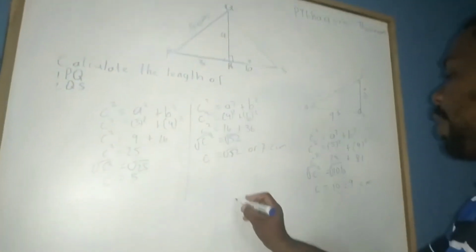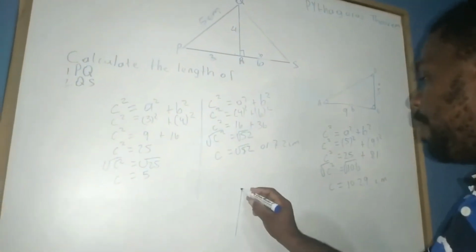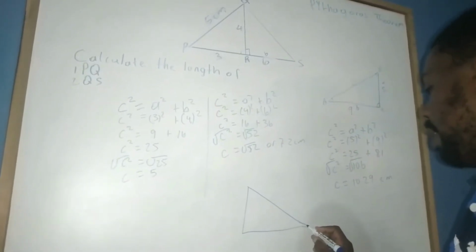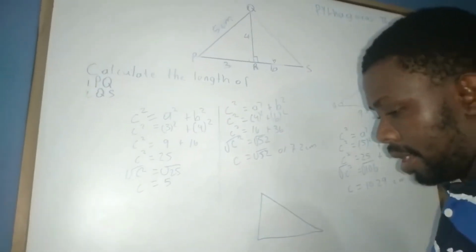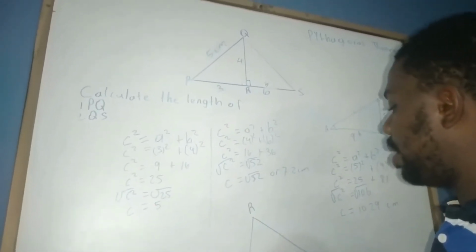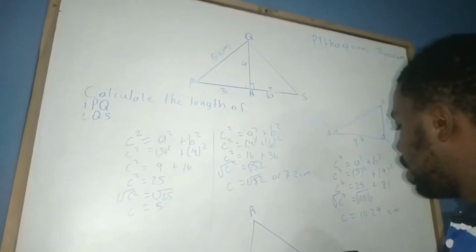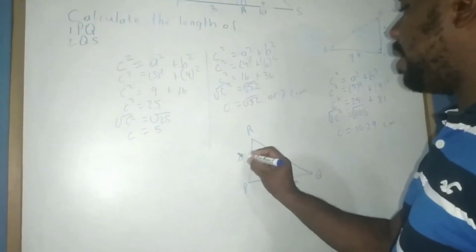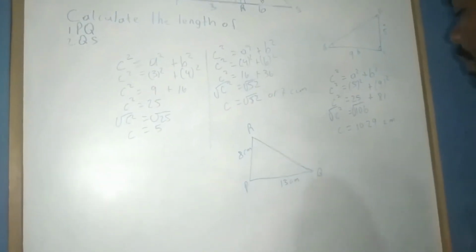We're going to look at a last example, and we see how this triangle is facing this way, and it could also be facing the other way, but the aim is that the longest side is the hypotenuse. Here we have triangle PQR, and we say this is 13 centimeters, and this is 8 centimeters.